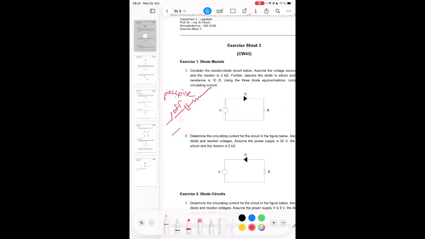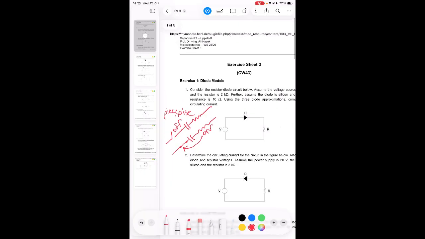So is the resistance used in this model the same as the bulk resistance? No, this is the internal resistance of the diode itself. Usually a few ohms, very small resistance. That's why we can just model it as being zero, for example, with the ideal model or with the constant voltage drop. It's really small if you compare it with the 1 kilo, for example, in this or 2 kilo.